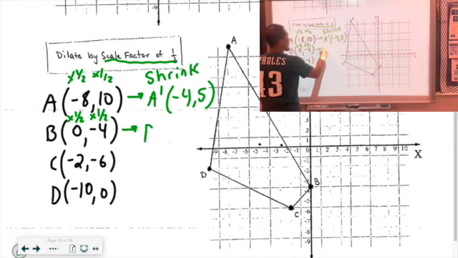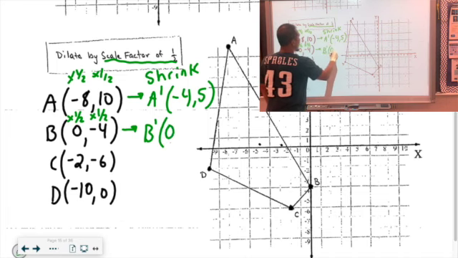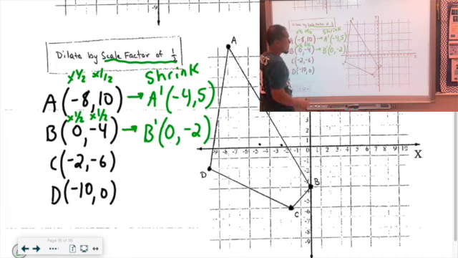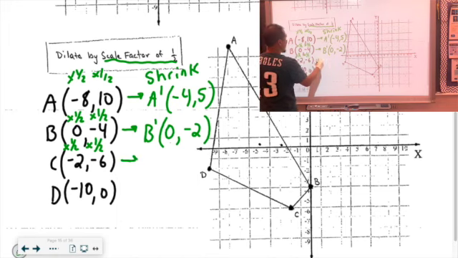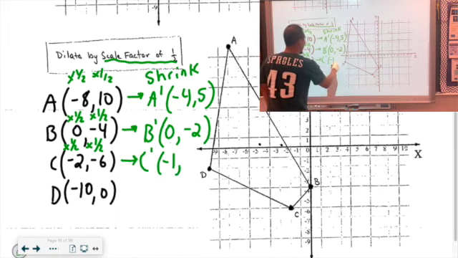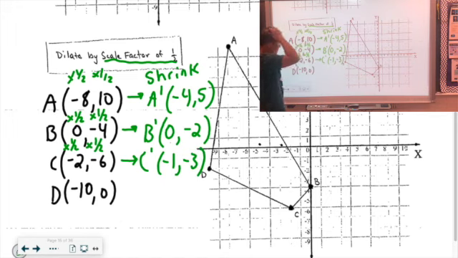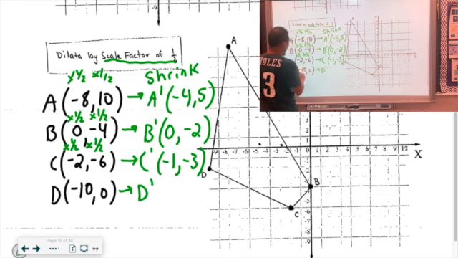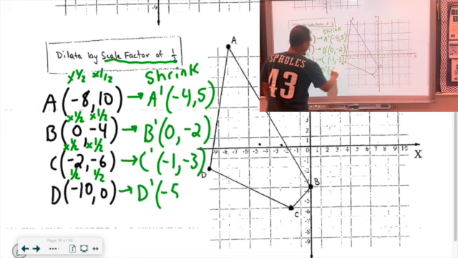That's going to give us B prime to be 0, -2. We continue that with our other points. Multiply by 1/2, multiply by 1/2. That's going to give us C prime to be -1, -3. And finally for D prime, multiply by 1/2, multiply by 1/2. That gives us -5, 0.